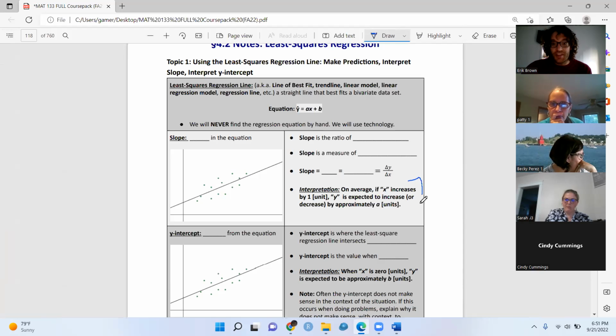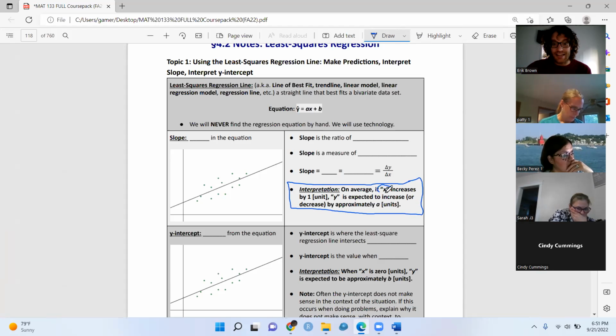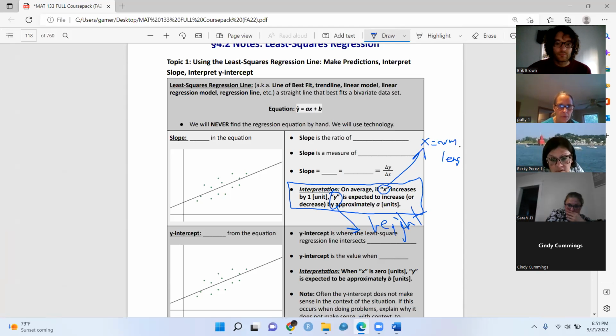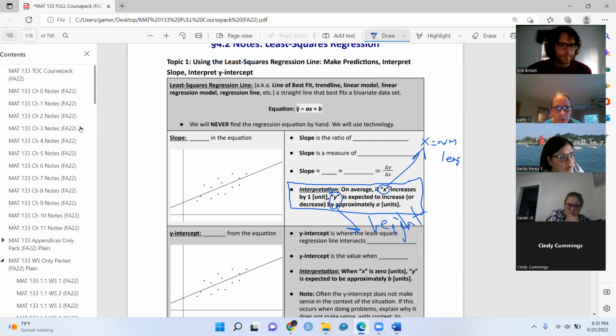So you are going to use this to interpret that equation, and see how it says X. Our X is arm length. And our Y is height. So let's see, where were we?